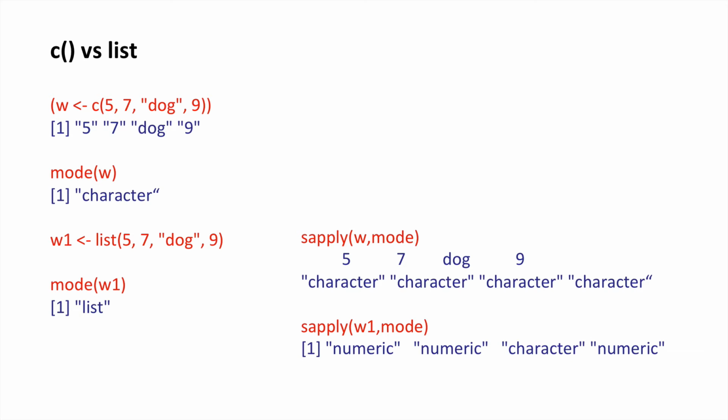And yet if we apply sapply(w1, mode), where we're asking what the mode of each of the individual elements within that list is, then we'll see that three of them are numeric, and yet the third element in that list, dog, is actually a character.